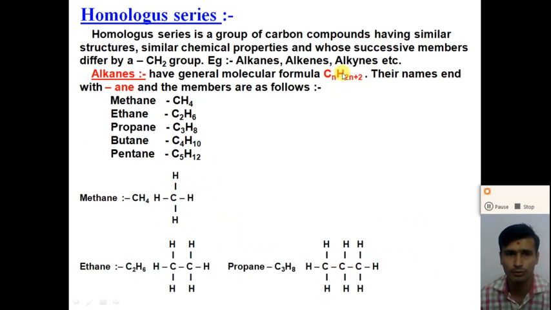If you place n equal to 1, 2, 3 up to 10, you get different alkanes, and the names end with -ane: one carbon methane, two carbon ethane, three carbon propane, four carbon butane, five carbon pentane, six carbon hexane. You know the structural formulas of methane, ethane and propane. So this group is called the alkane group, and these compounds make up the homologous series.